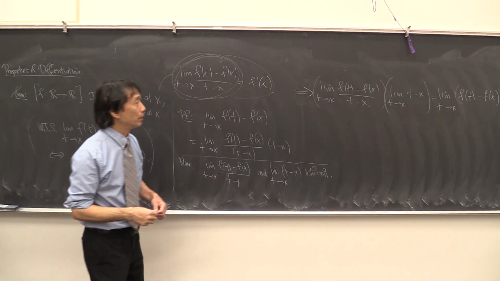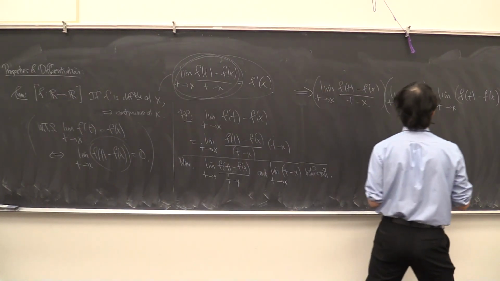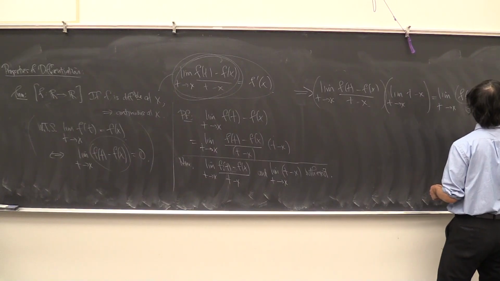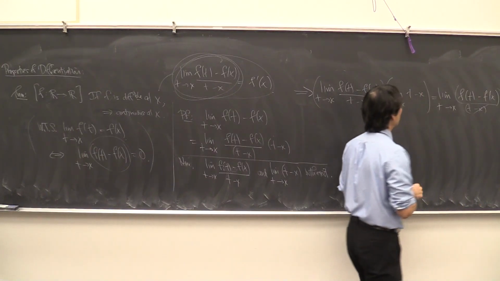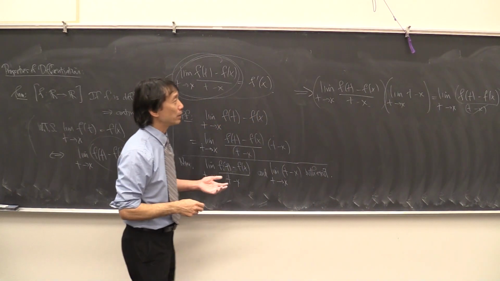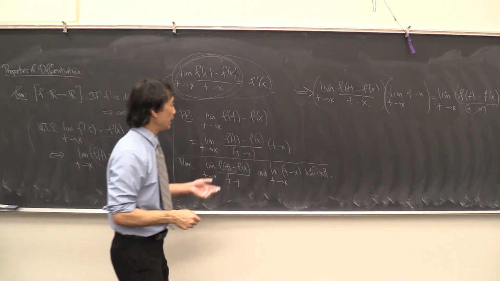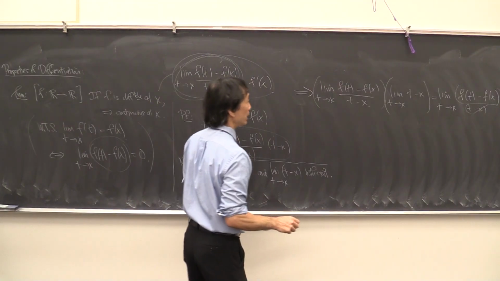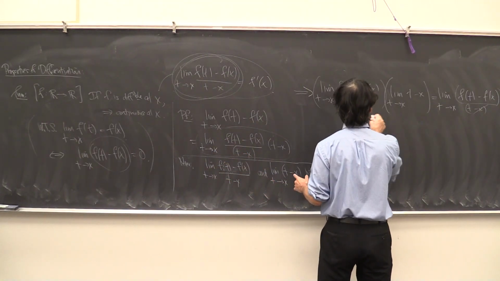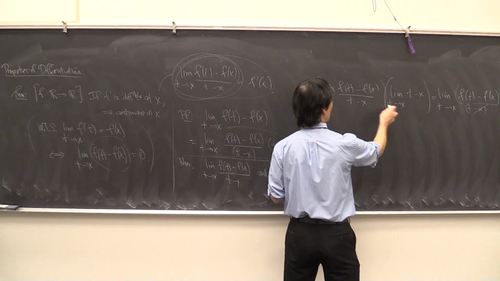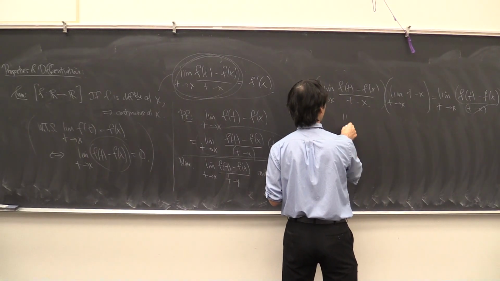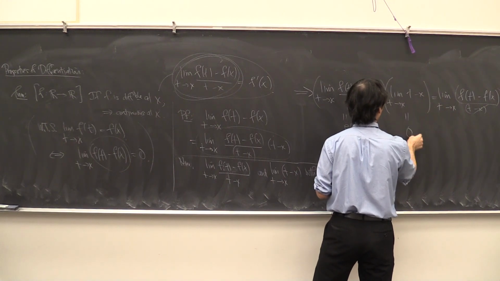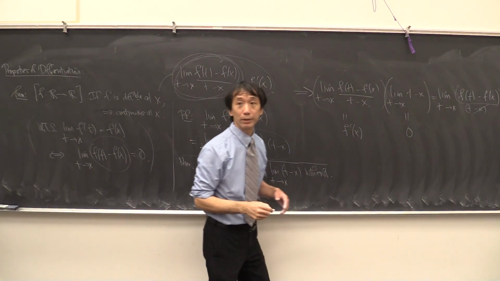So this thing over here actually equals the limit of this times the limit of that. Well, the limit of this is f prime of x, and the limit of this is 0. And so we get 0.